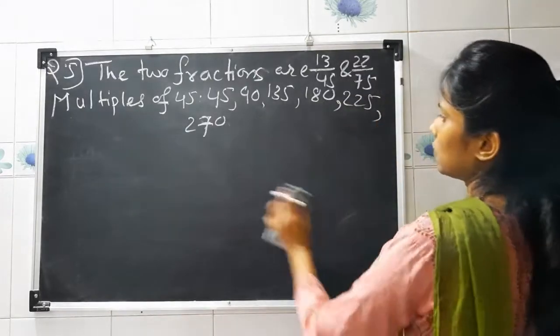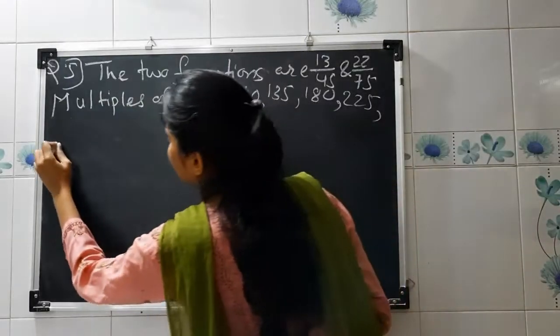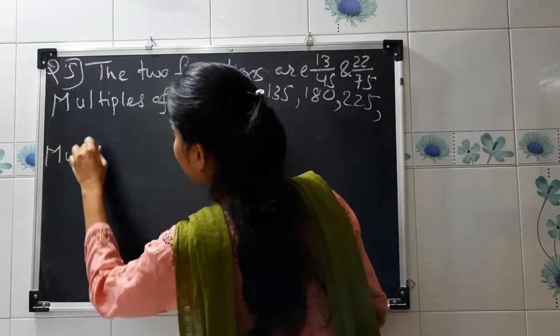Okay, so these are the multiples of 45. Let us find the multiples of number 75.